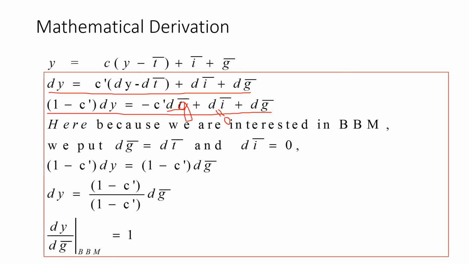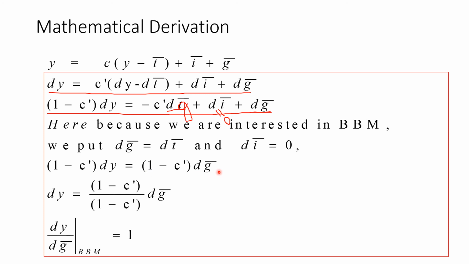Then what is happening here is, you take dG bar common, then you will have 1 minus c prime into dY here, 1 minus c prime into dI as it was earlier. So this is basically coming down here, and then from here you take out dG bar. So dG bar into 1 minus c prime.